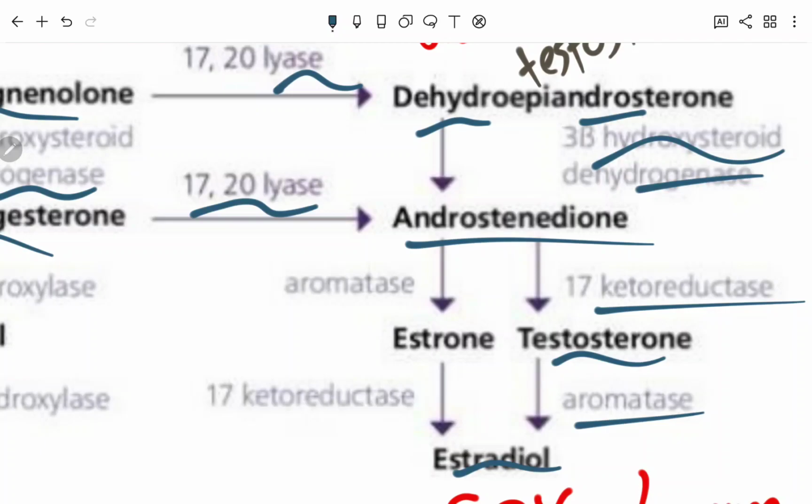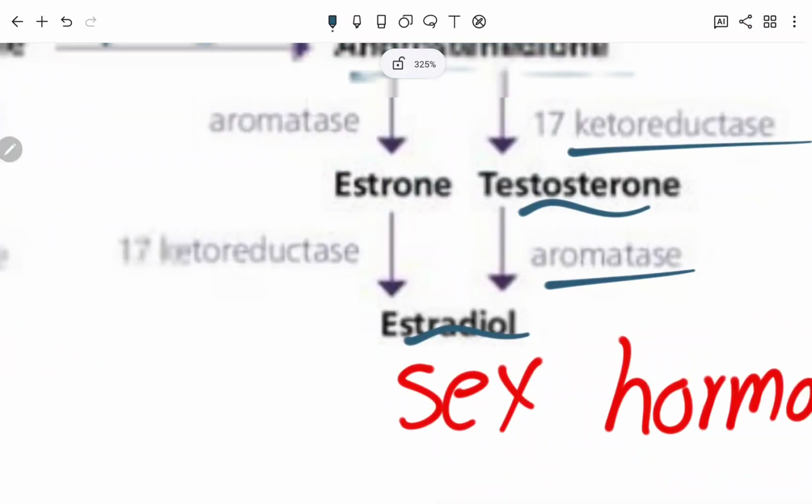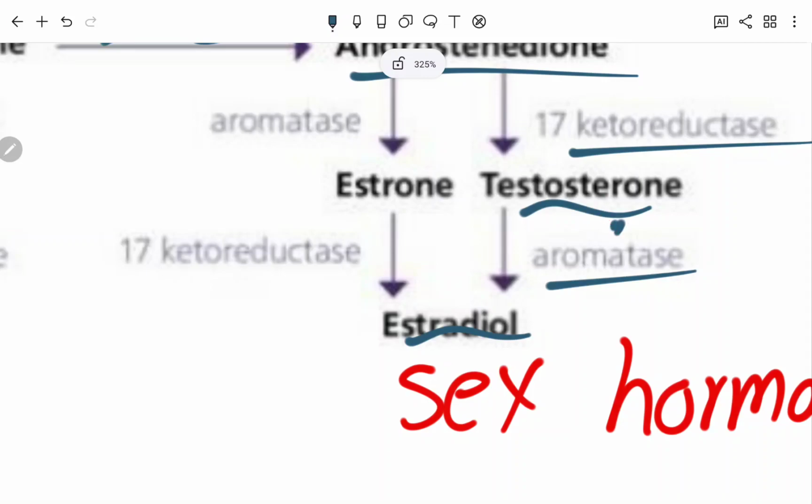However, in males, only a small fraction gets converted. But in females, a huge fraction of testosterone gets converted into estradiol. And we can remember this step this way. The word aroma in English means sweet smell, like something that smells similar to perfumes. And it's a soft smell. And so you can link this with testosterone becoming softer and yielding the female sex hormone.